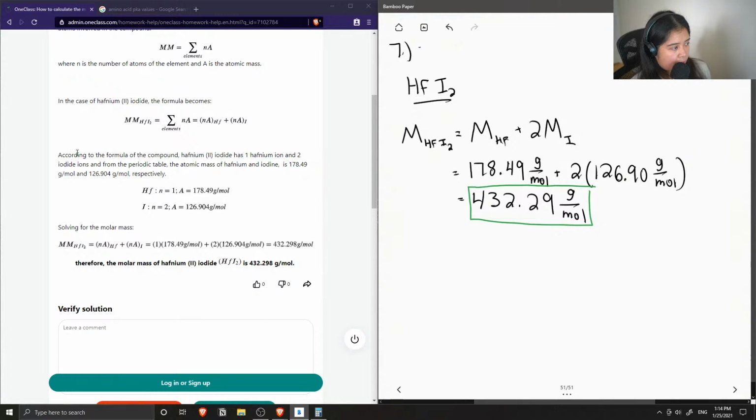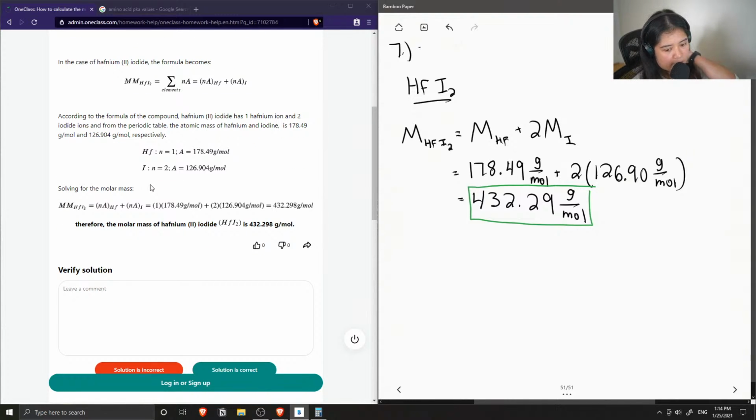And according to the formula of the compound, hafnium-2 iodide has 1 hafnium ion and 2 iodide ions, and from the periodic table, the atomic mass of hafnium and iodide is 178.49 grams per mole and 126.904 grams per mole, respectively.